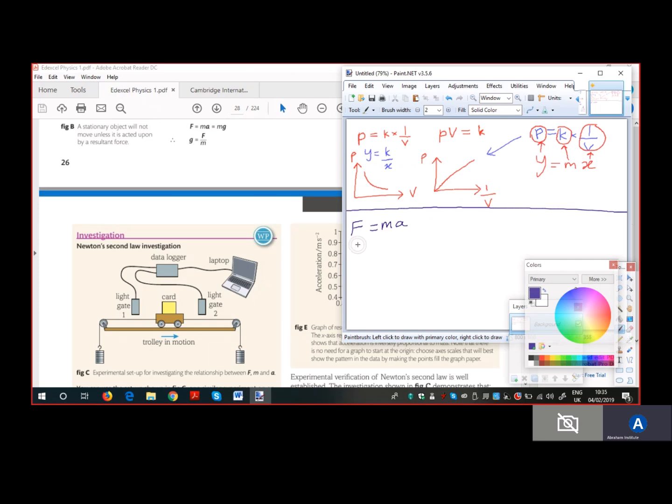So I will rearrange this: acceleration is equal to F times 1 over m. This is what they are plotting, so y equals mx. Here, the acceleration is on the y-axis, the gradient of that graph will be the resultant force, and what is on the x-axis is not m, it's 1 over m.